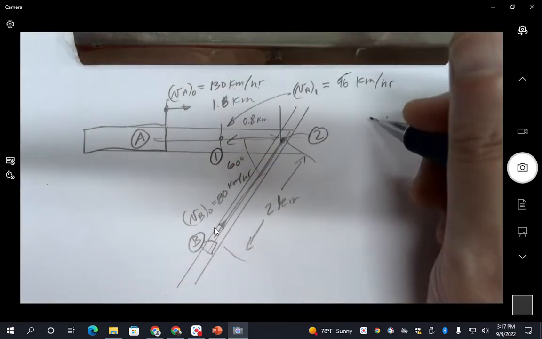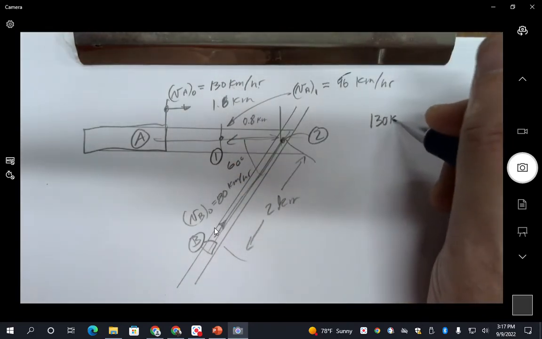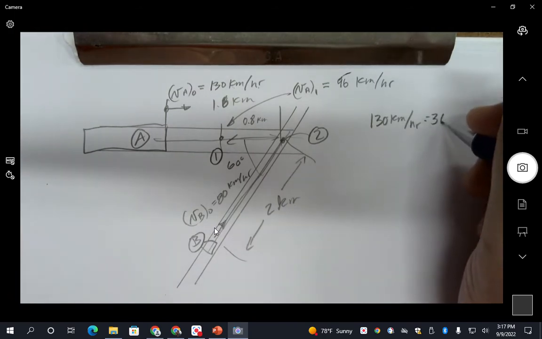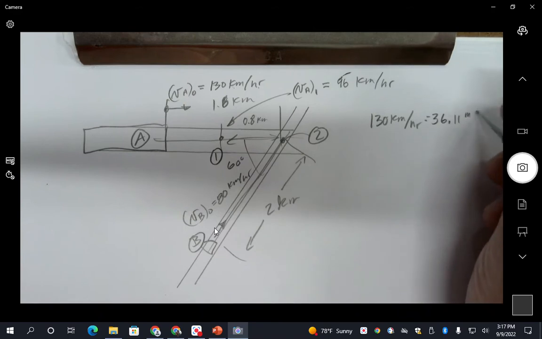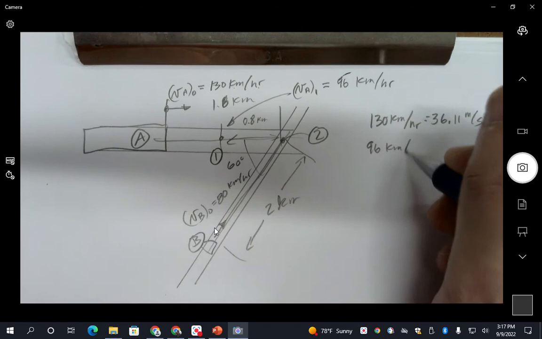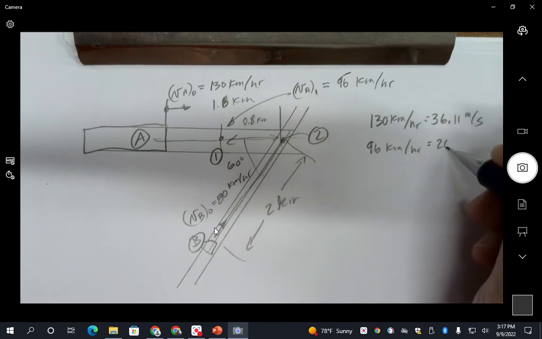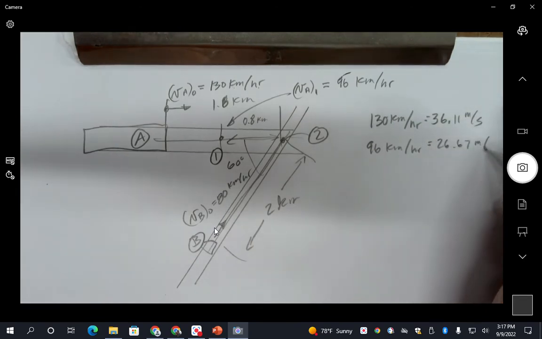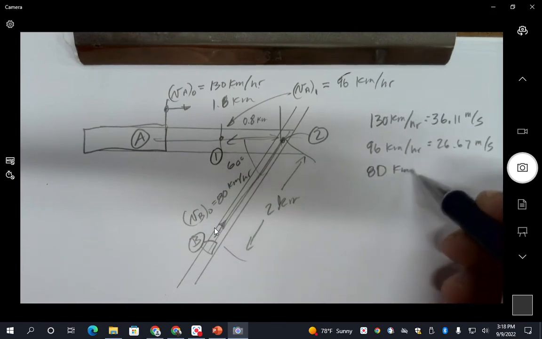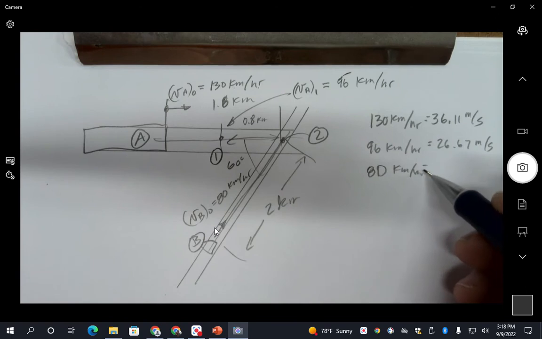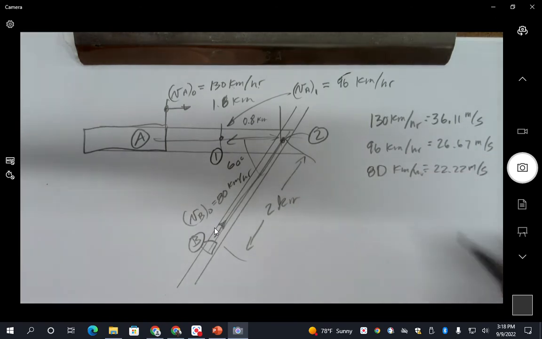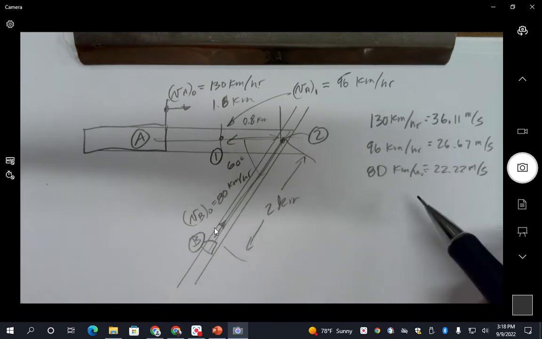Didn't really leave enough room, so I'll just go here. 130 kilometers per hour, in my calculator, I turn into 36.11 meters per second. I turn 96 kilometers per hour into 26.67 meters per second. And then I turn 80 into 22.22 meters per second. You gonna need us to do conversions on the test?